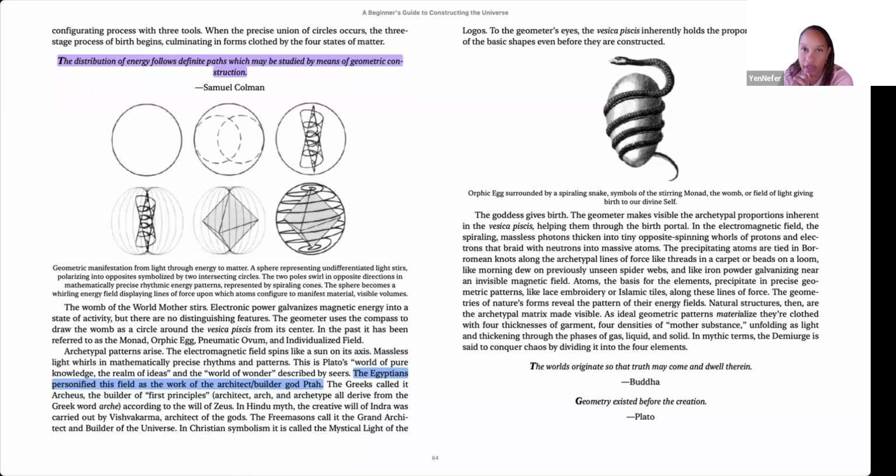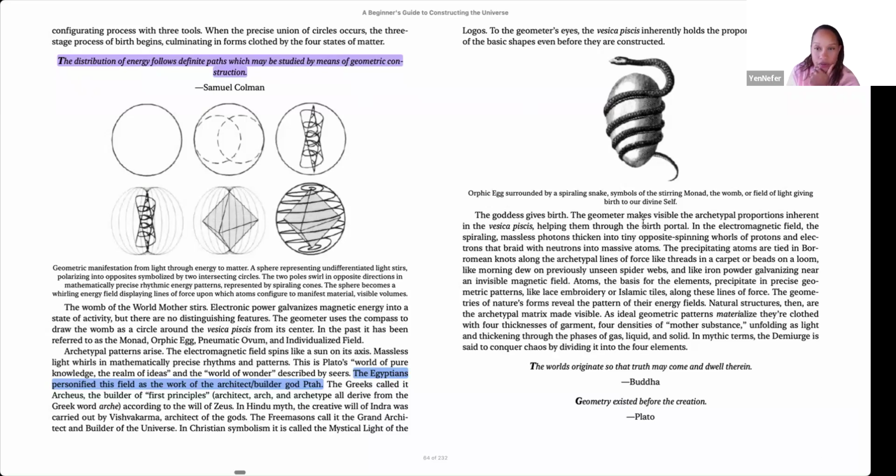To the geometer's eyes, the Vesica Pisces inherently holds the proportions and patterns of the basic shapes, even before they are constructed. The Orphic egg surrounded by a spiraling snake, symbols of the stirring monad, the womb or field of light giving birth to our divine self.